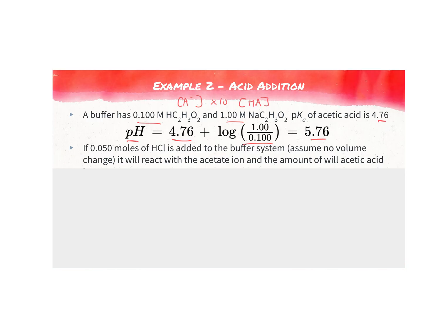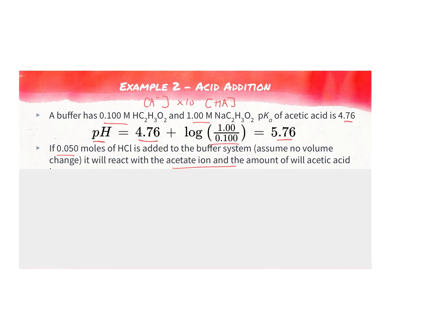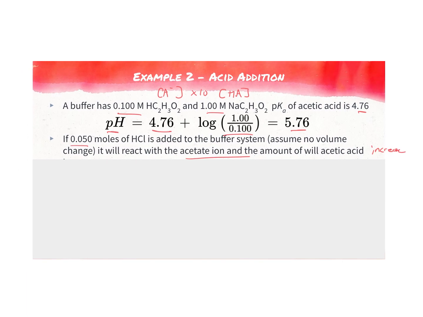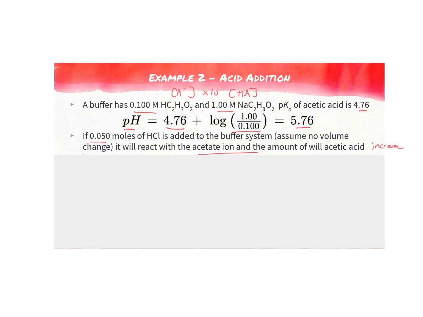And so we're told if 0.05 moles of HCl is added to the buffer system, we're going to assume no change in volume. It will react with the acetate ion, and the amount of acetic acid will increase. And so we can actually show that and also calculate what this new pH should be. So we use a RICE table, as always for these problems.